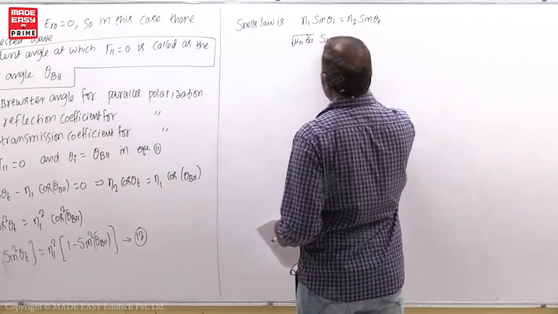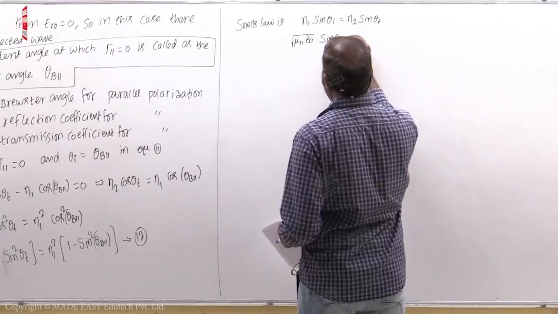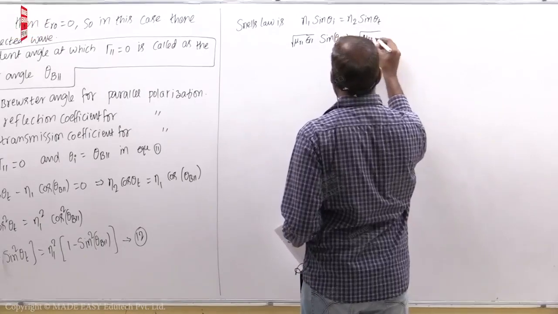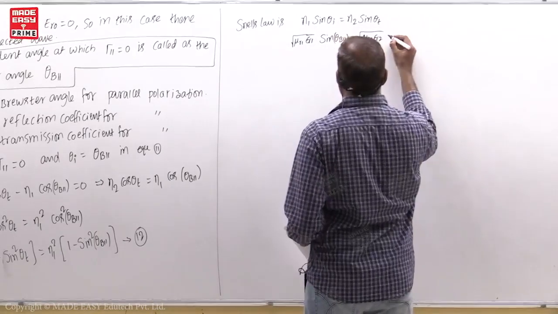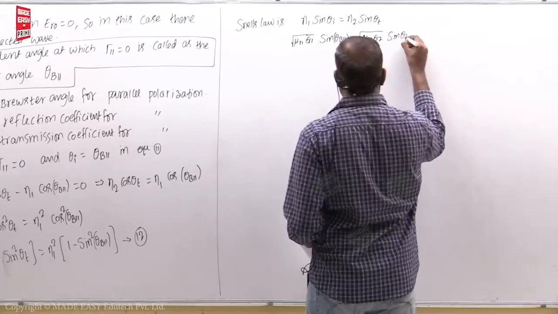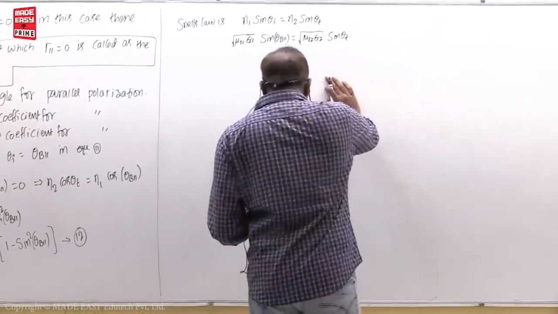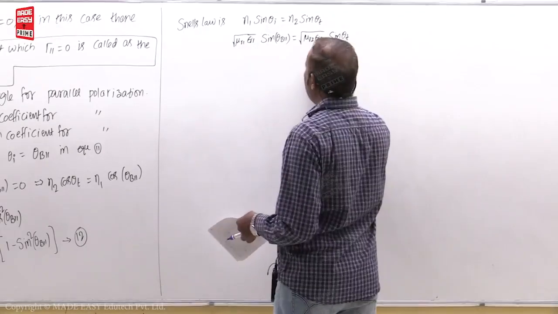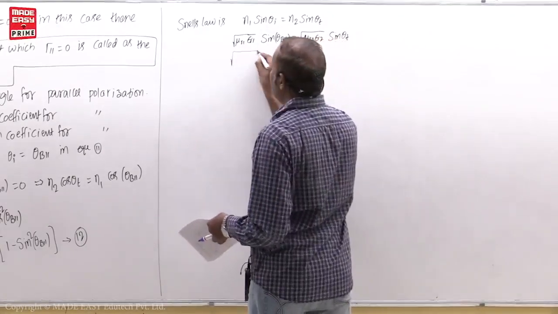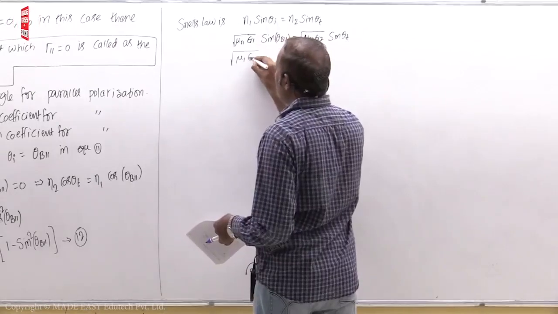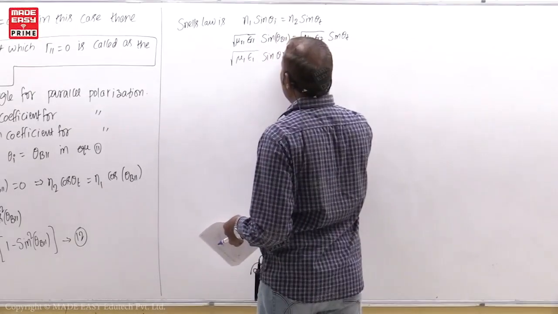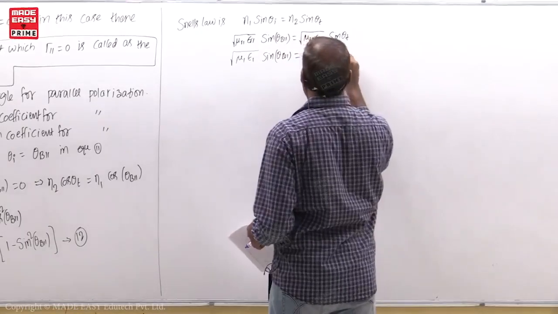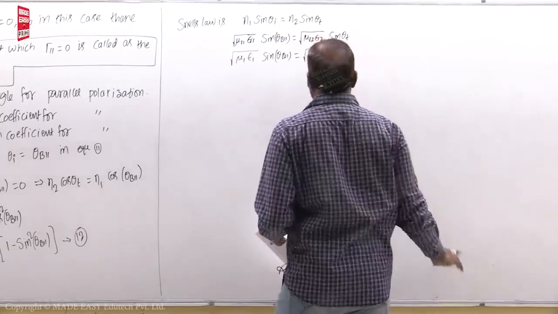So then this is sin theta B parallel is equal to root mu r2 epsilon r2 sin theta t. Actually, if you see carefully, here mu naught epsilon naught can be multiplied, so that is simply root mu 1 epsilon 1 sin theta B parallel is equal to root mu 2 epsilon 2 sin theta t you can write.